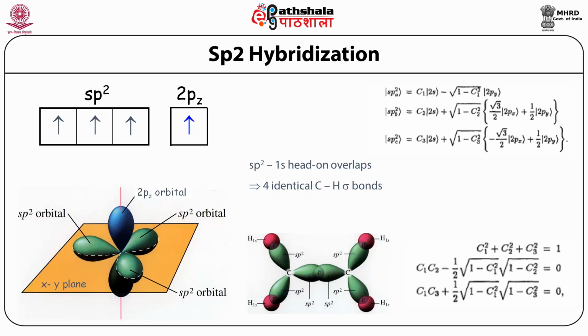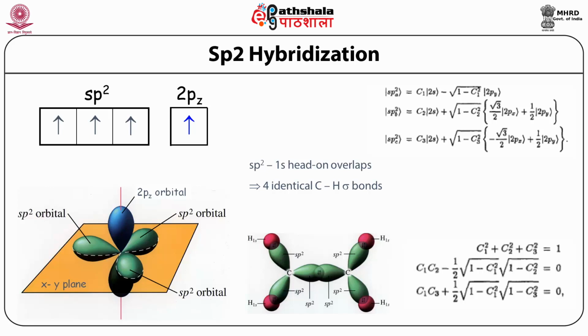As shown in the next figure, we have the sp2 1s head-on overlap, that is we have the 4 identical CH sigma bonds, and there is the overlap of the sp2 orbital and the 1s orbital.